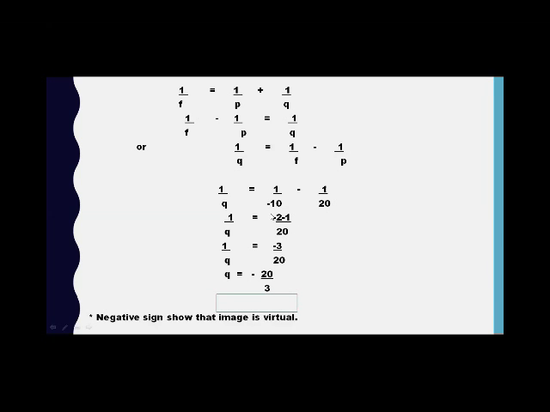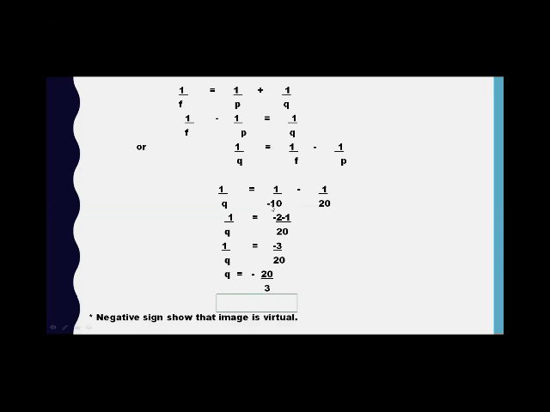Then we will compare the denominator of the first fraction with the LCM. So here the denominator is 10 and the LCM is 20. So by which number do we have to multiply 10 to get 20? That number is 2. So this 2 will multiply with the 10 as well as with the numerator.